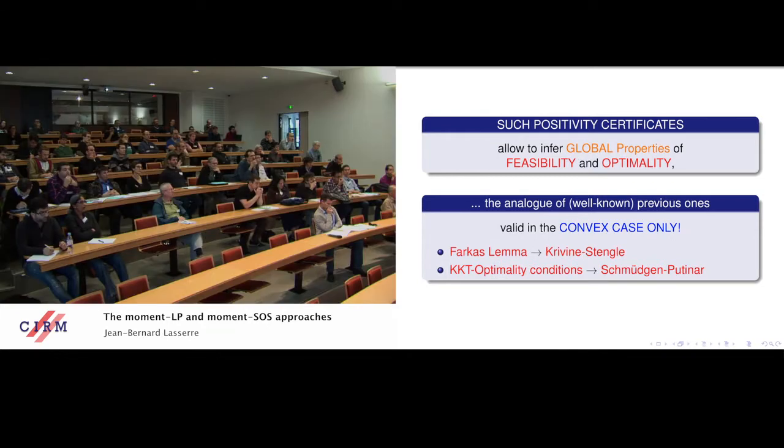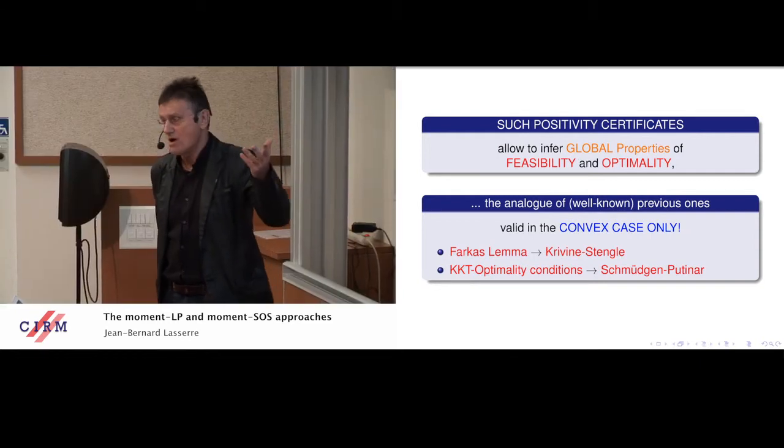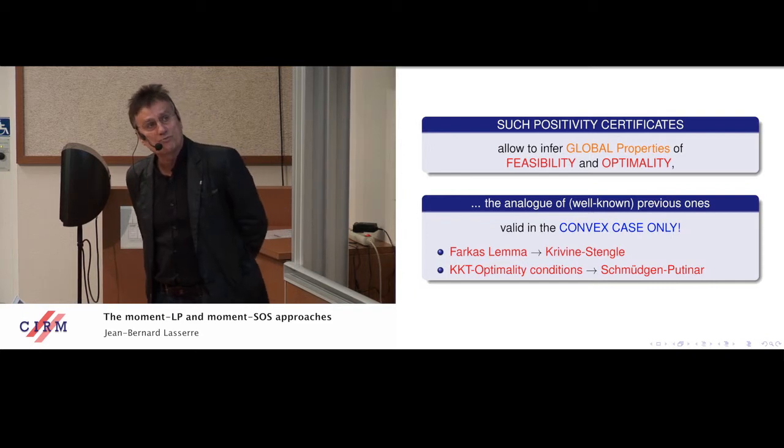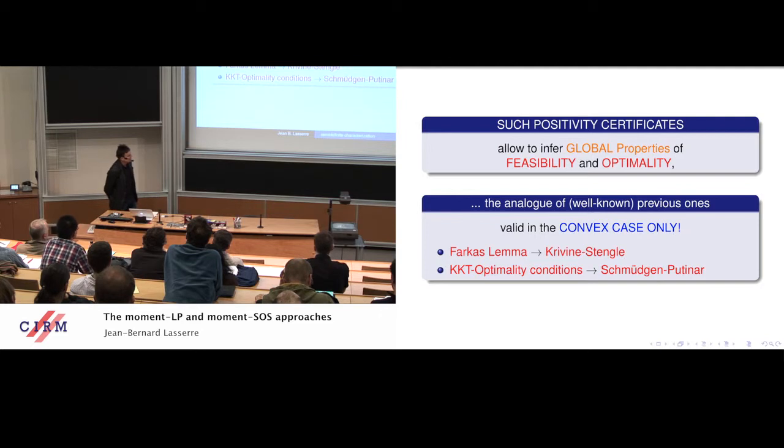And for optimization, the Karush-Kuhn-Tucker optimality condition in the convex case has a nice dual analog in what I call the Schmüdgen-Putinar certificates, or global optimality conditions, valid for the non-convex case. So I will say a few words about that.